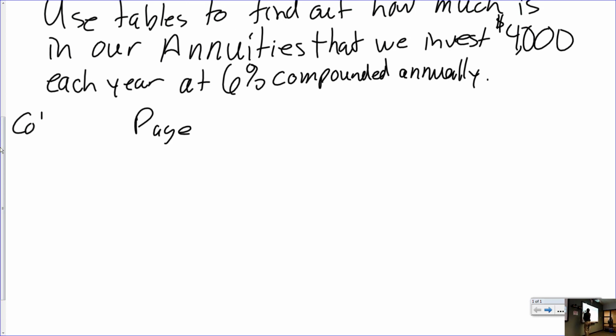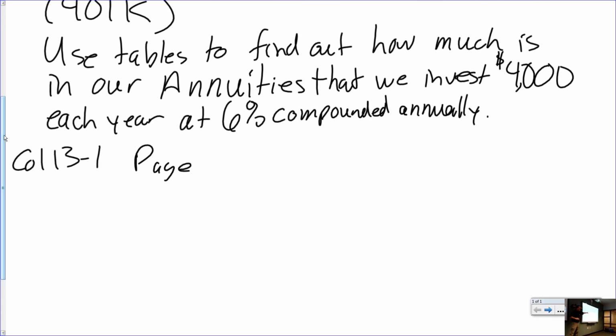So first of all, since we're investing each period, that's what makes this a 13-1 type of investment, okay? We're investing money into this account every period or every year, and we want to know how much is going to be in it. That's what 13-1 calculates for us. Now, normally what page we figure out is we say, okay, what percentage, right?